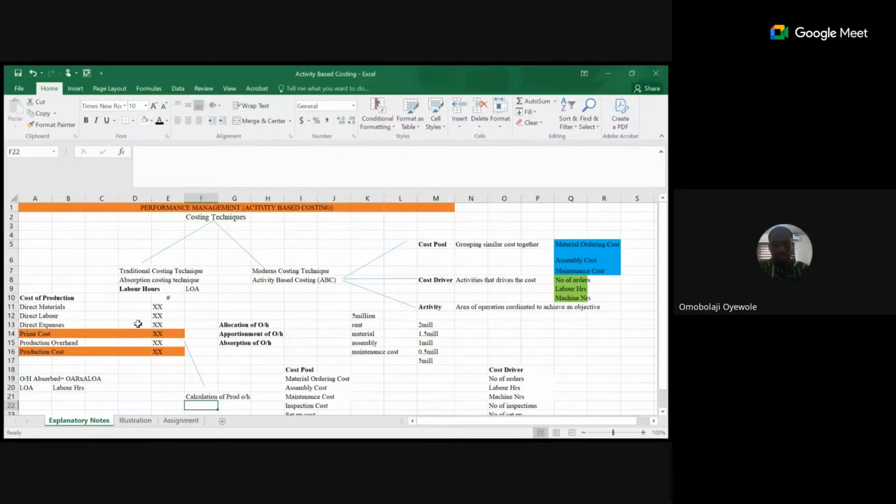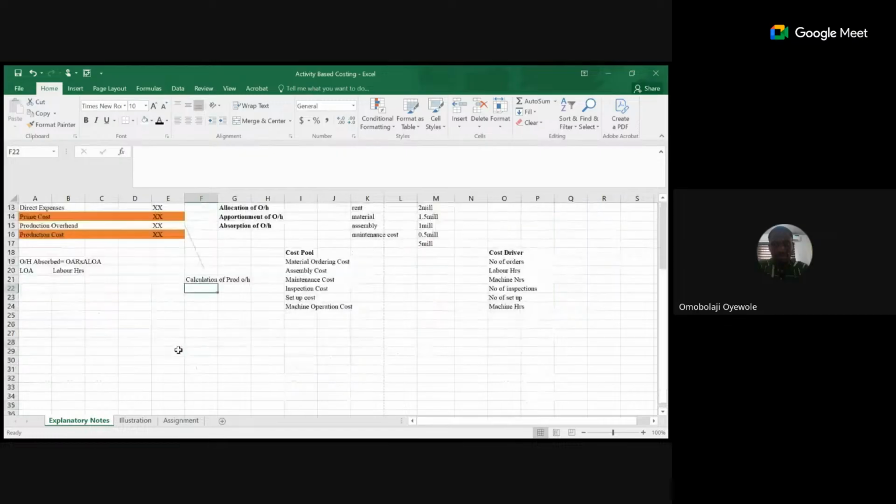So that is our area of focus. Any illustration we are going to be doing will be centered towards calculation of what? Production overhead using absorption costing technique, using activity-based costing technique. So before we move on, what are the challenges? Challenges of ABC.